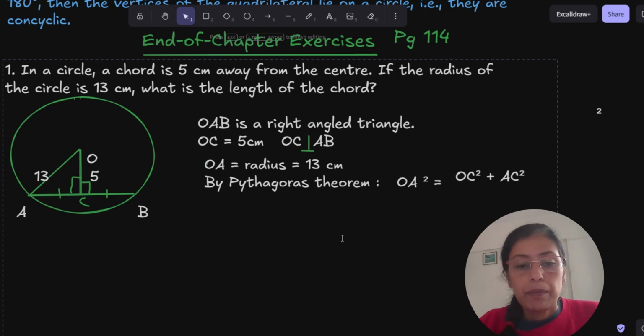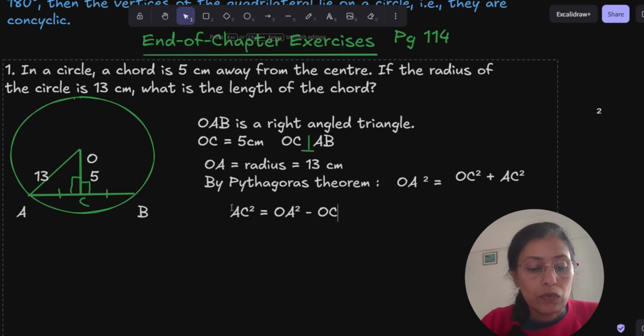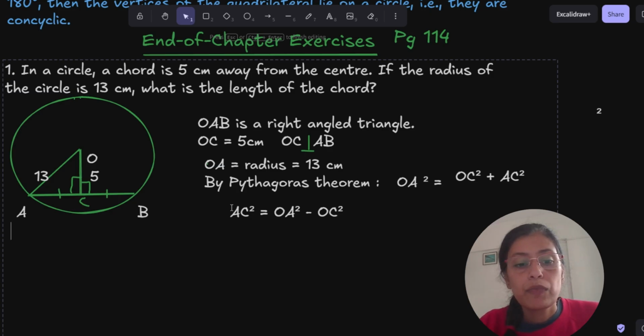This is the Pythagoras theorem that we have learned for a right angle triangle. Now in this case, we need to find out AC. So AC square will be OA square minus OC square. So what do we know about this? OA is 13 and OC is 5.